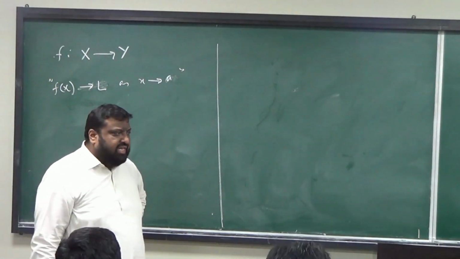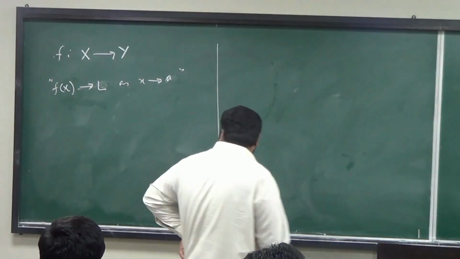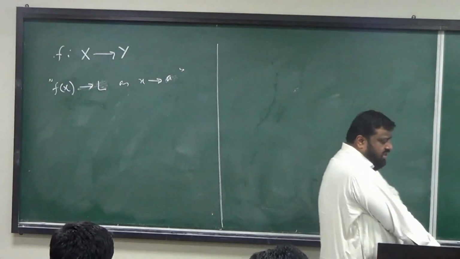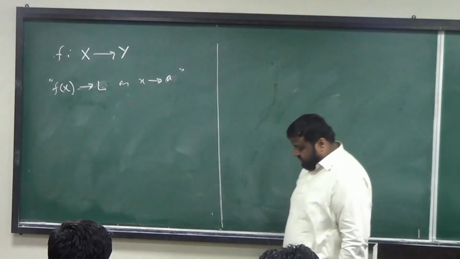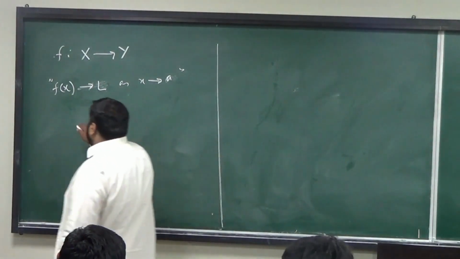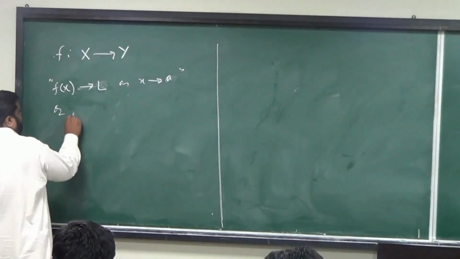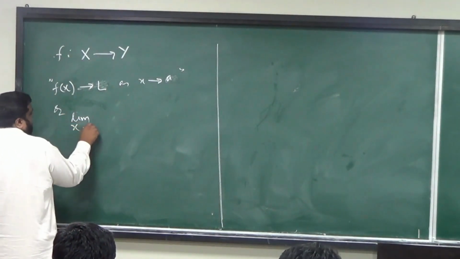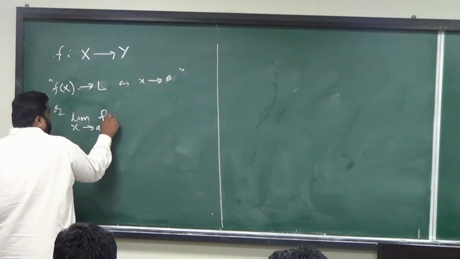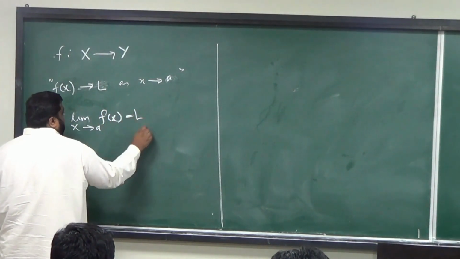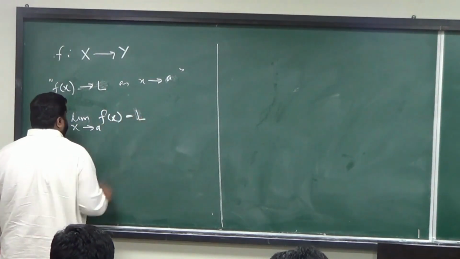I'd like to define the rigorous meaning of a function goes to L as x goes to A. Or the alternate notation for this could be limit as x approaches A of f of x equals L. That's what we would like to define.